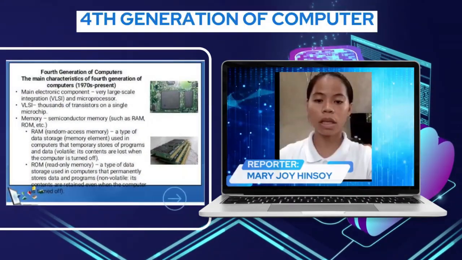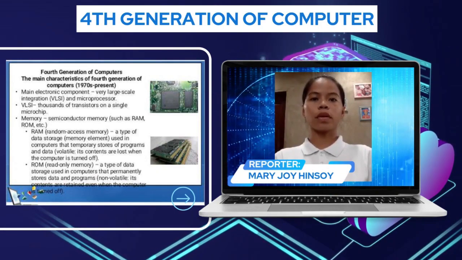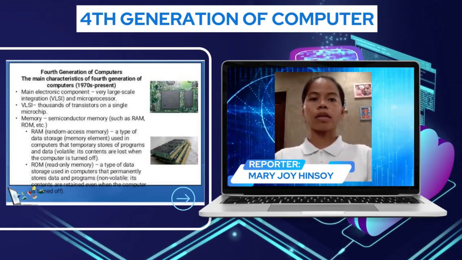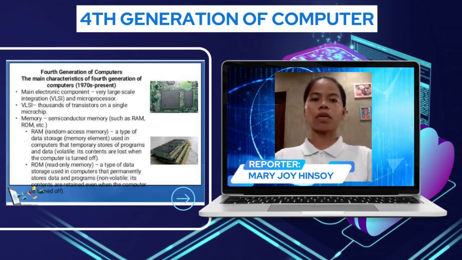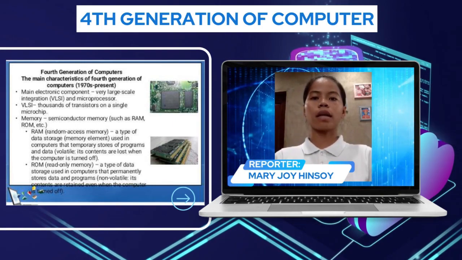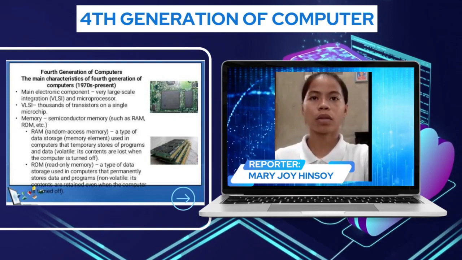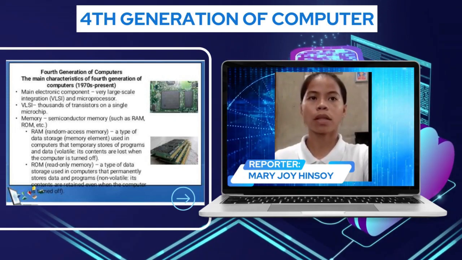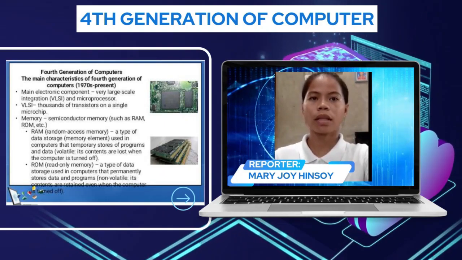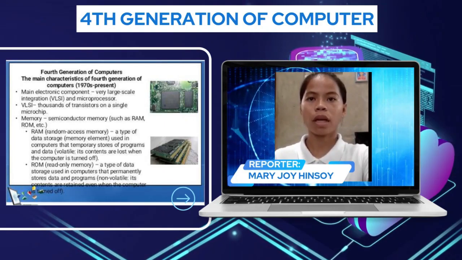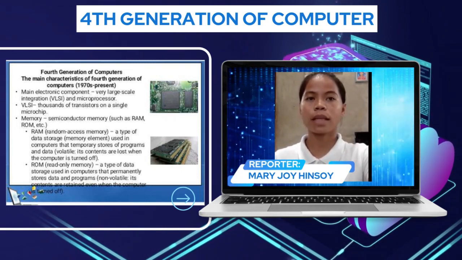The main characteristics of fourth generation computers: main electronic components, very large scale integration or VLSI, or microprocessors. VLSI, thousands of transistors in a single microchip. Memory, semiconductor memory such as RAM, ROM, etc. RAM, or random access memory, is a type of data storage or memory element used in computers that temporarily stores programs and data.